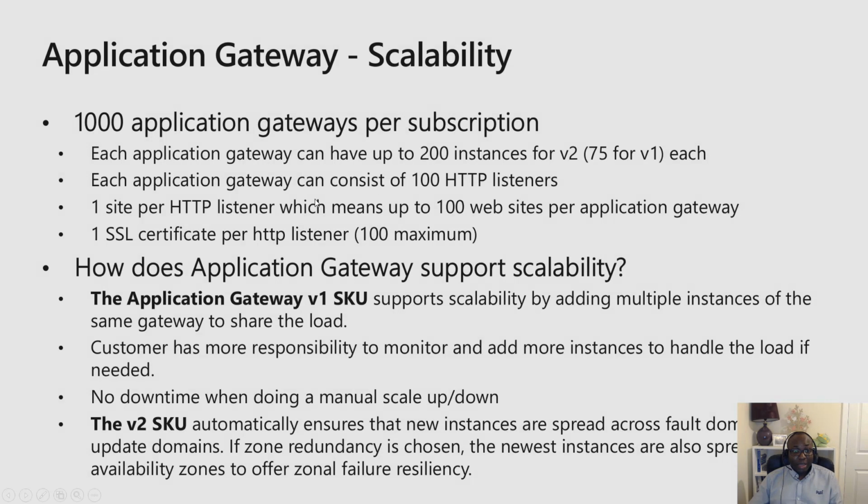So what else do we have to consider? Each application gateway can consist of 100 HTTP listeners. And think about the listeners as kind of like your website. So we don't need one application gateway per website. We can actually have multiple websites or multiple domains or multiple subdomains hosted under the same service.